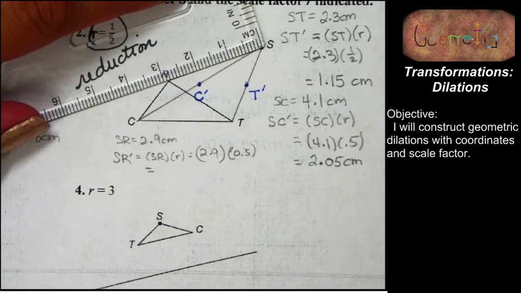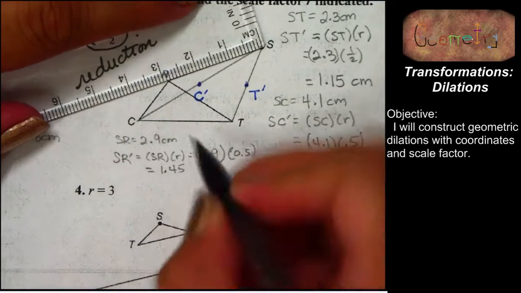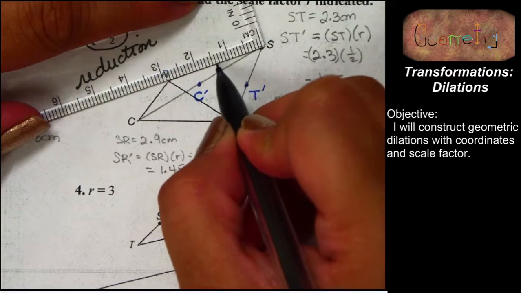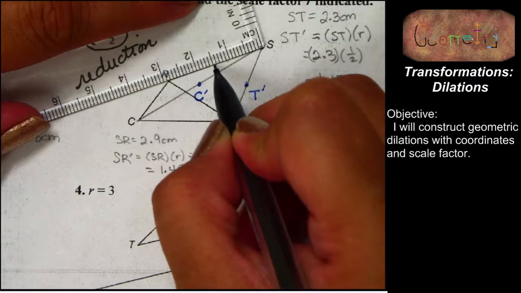According to my calculator, that's 1.45. So 1, 4, and 4.5, right about there.